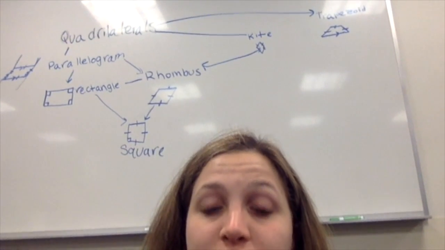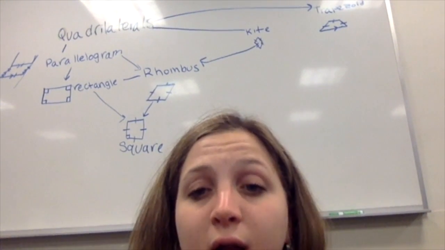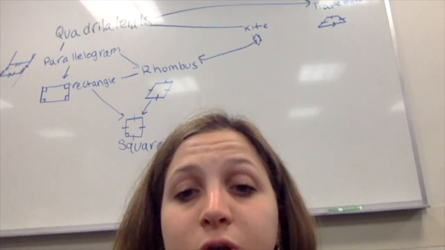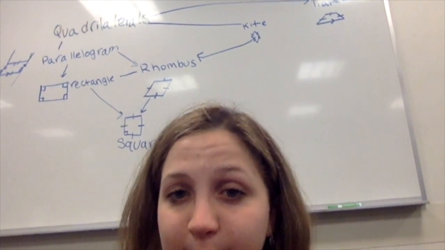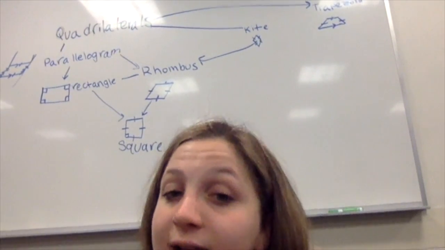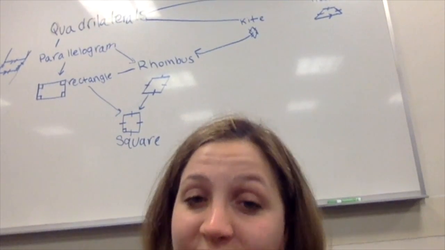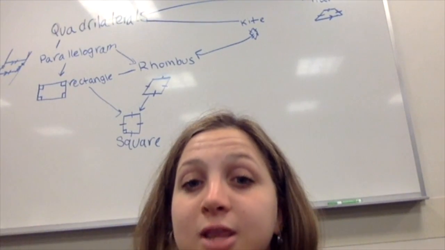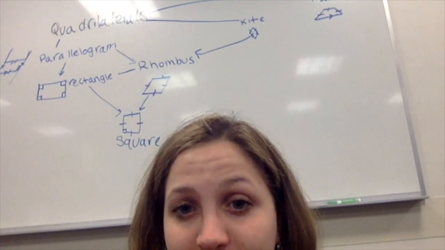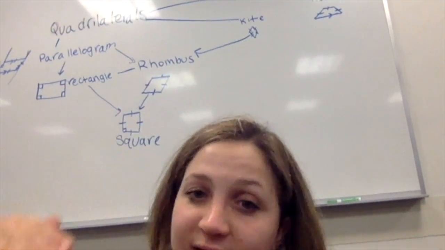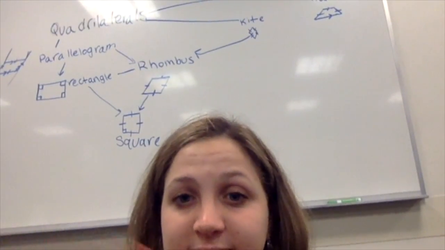This is because their defining attributes do not include having parallel sides, nor do their defining attributes imply that they're going to have parallel sides. When we had a square, for example, we knew that the sides would have to be parallel because their sides are perpendicular to one another, making right angles. In order to be perpendicular, like I said, we have to have parallel opposite sides.